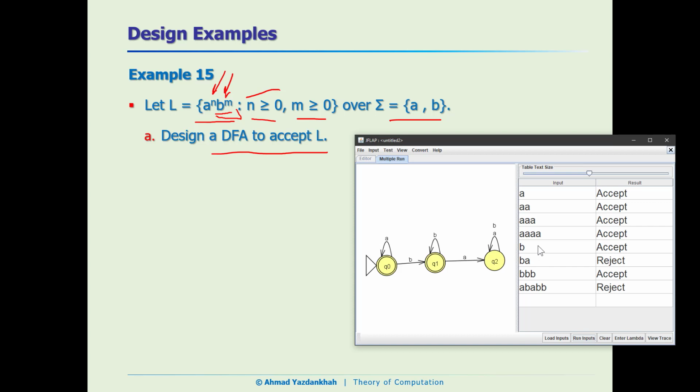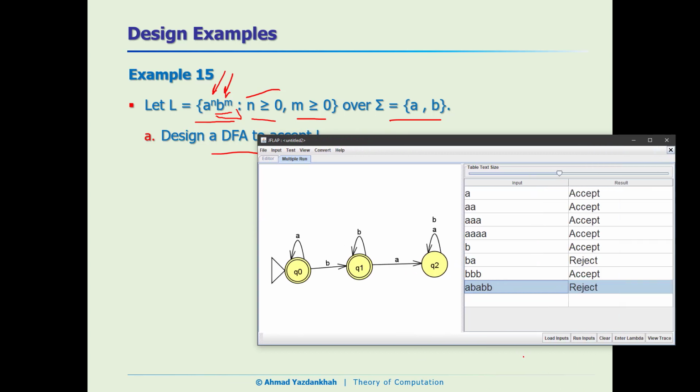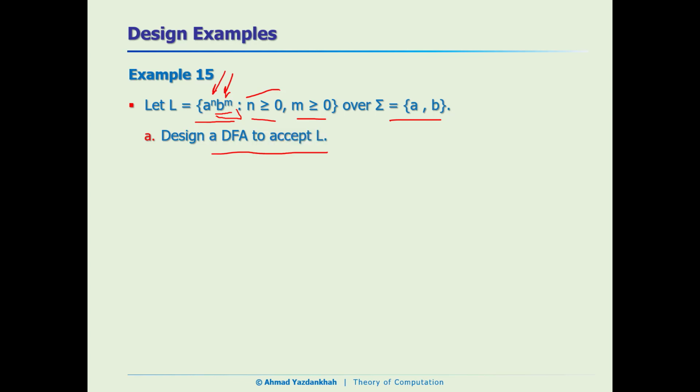After that, any A will go to the trap. And this is how it is rejecting this. All right. And lambda should be accepted as well. Let me check lambda here. So enter lambda and run it again. And you see lambda is accepted too. We are not done with this example.